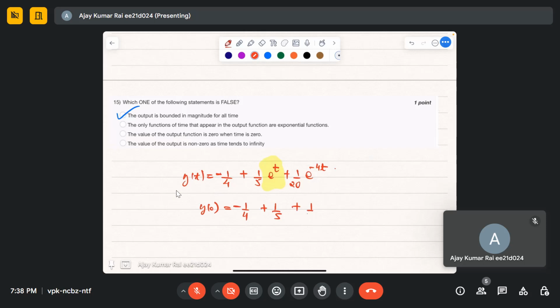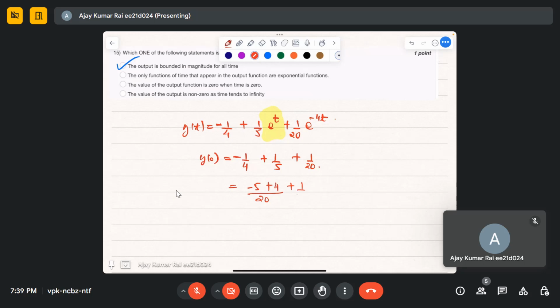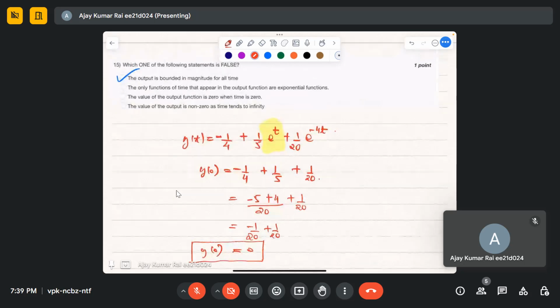This is 1 by 20, so this is minus 1 by 20 plus 1 by 20, which is equal to 0. So at t equal to 0, y of 0 is equal to 0. This is also true.